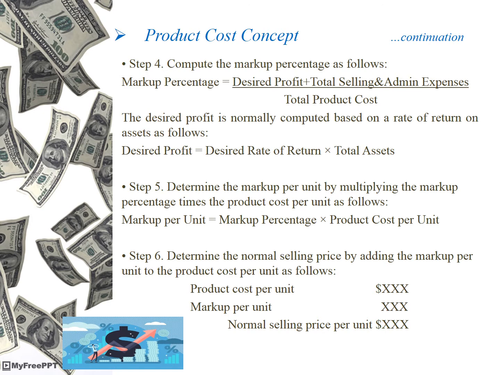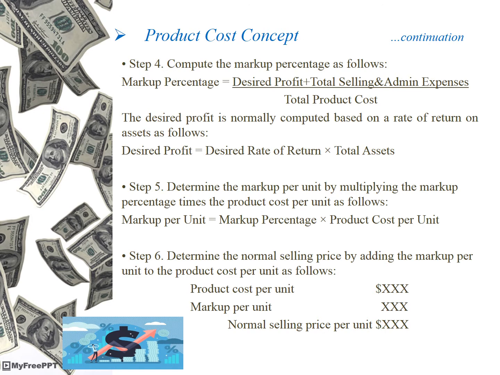Step 4. Compute the markup percentage as follows. Markup percentage equals desired profit plus total selling and administrative expenses, divided by the total product cost. The numerator of the markup percentage is the desired profit plus the total selling and administrative expenses.